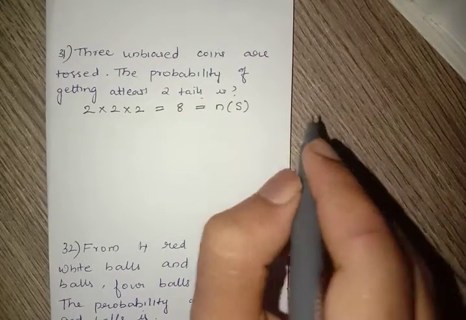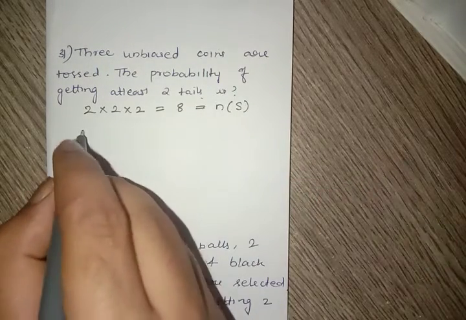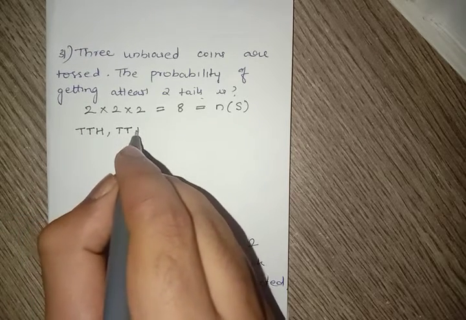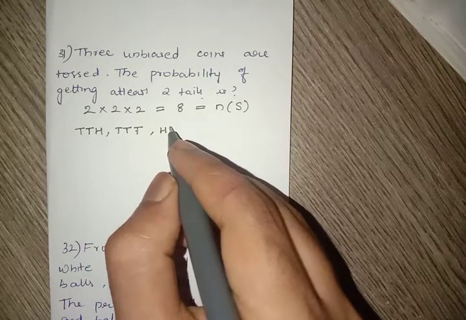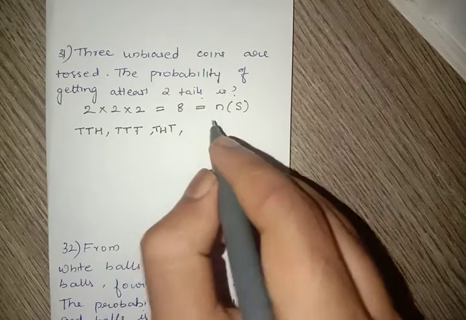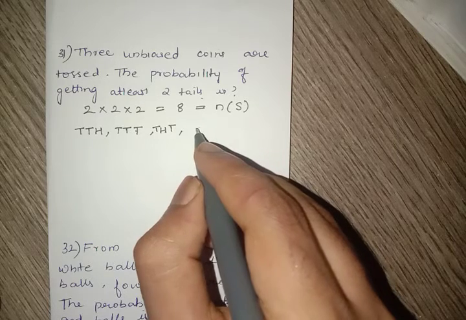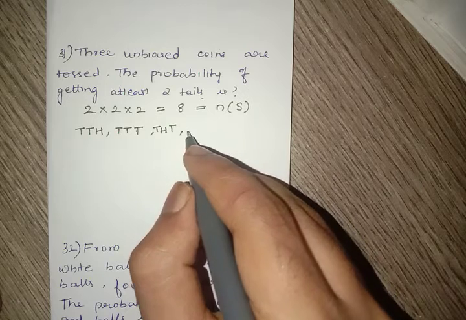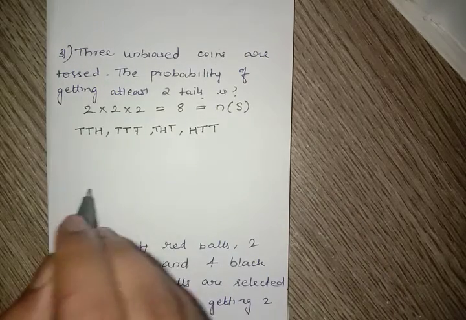Now the events where we get at least 2 tails are tail tail head, tail tail tail, tail head tail, and head tail tail.